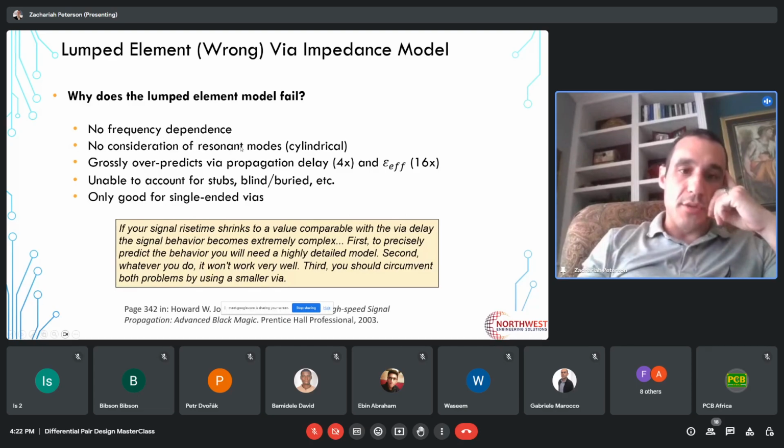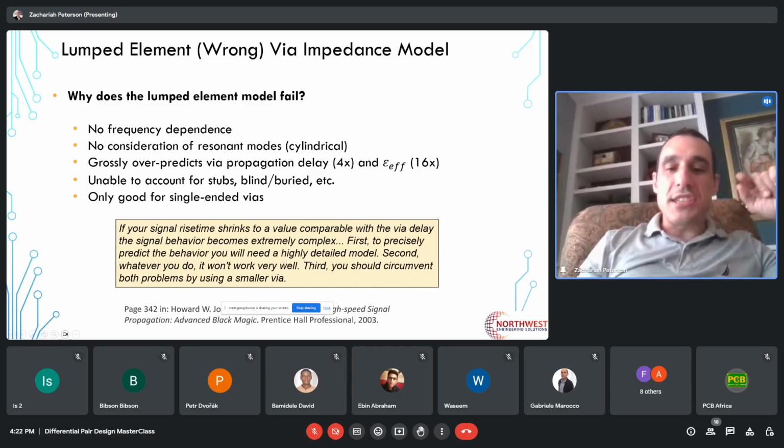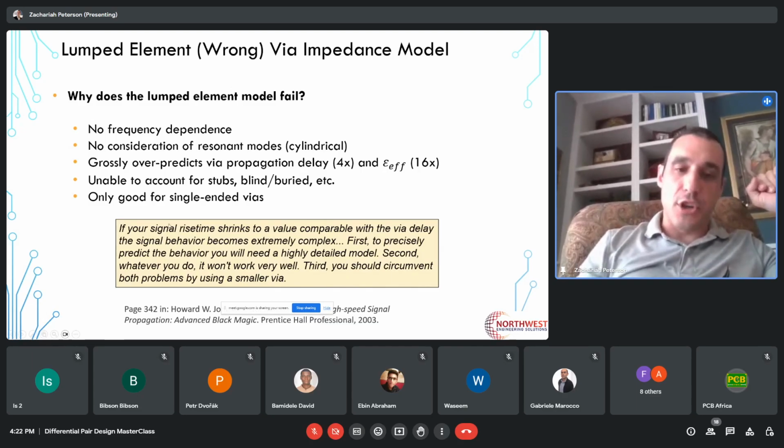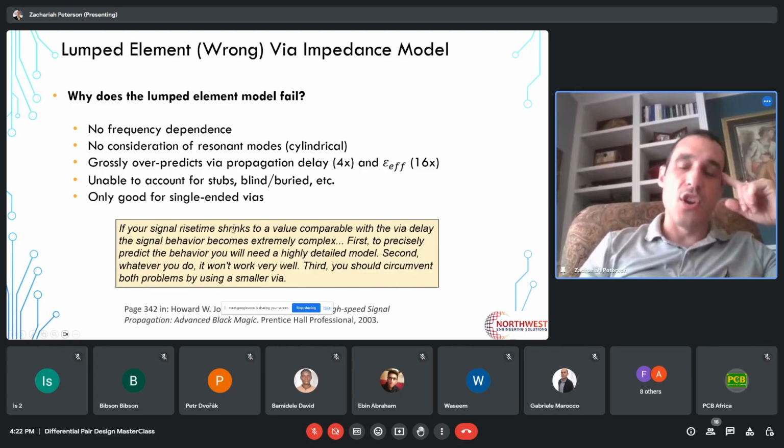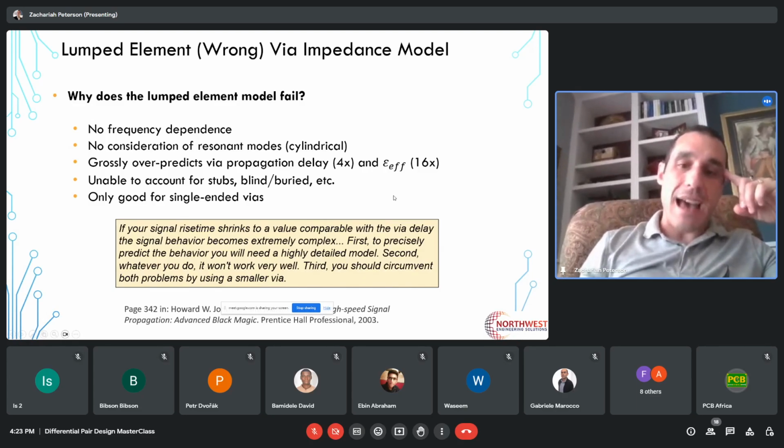So what he's referring to is the excitation of resonant modes and the frequency dependence. And he's basically telling you that whatever you do, it won't work very well. To precisely predict the behavior, you need a much more detailed model. And you should circumvent both problems by using a smaller via. So he's telling you right here that this model is incorrect in the instances where the via impedance actually matters.